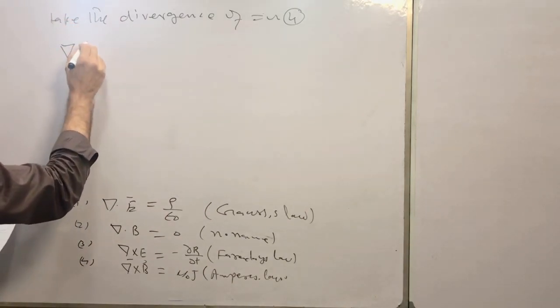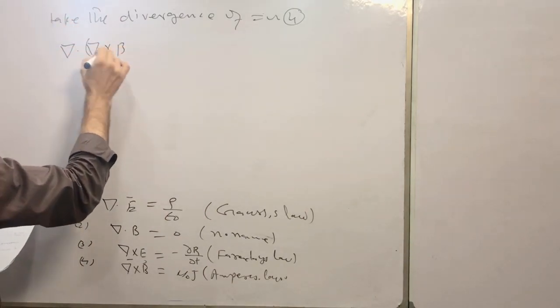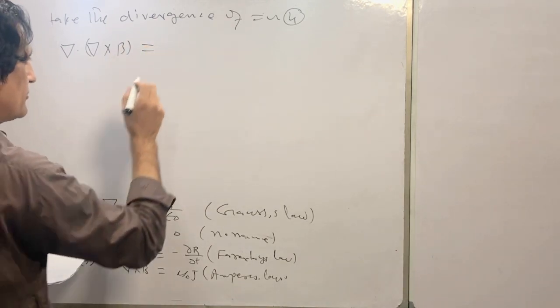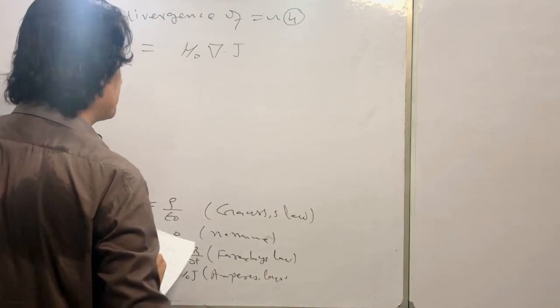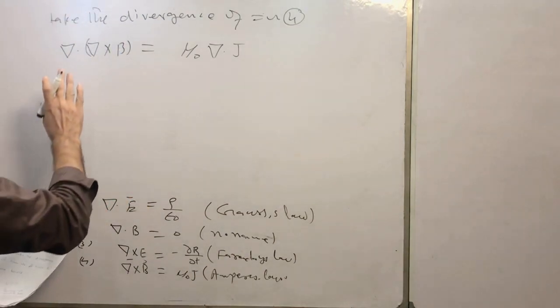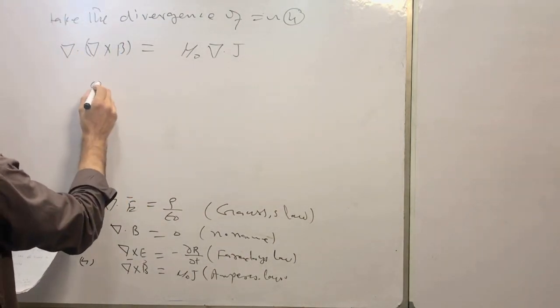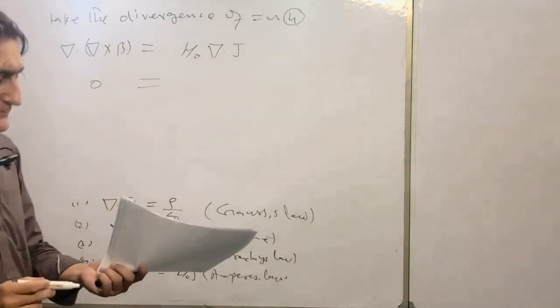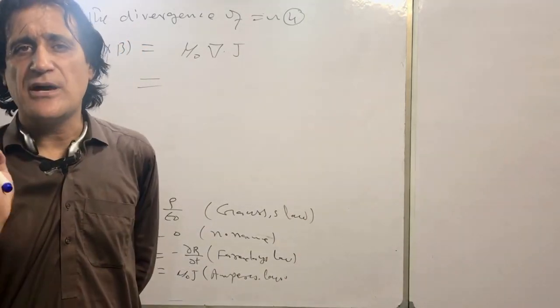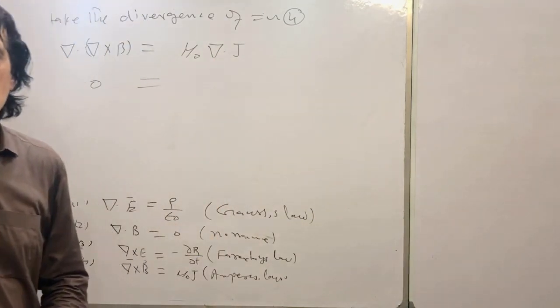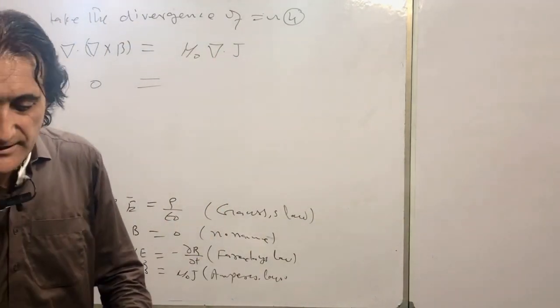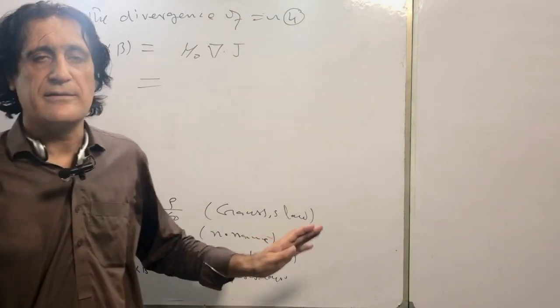So divergence of curl is equal to mu naught times divergence of J. It's clear that the left side is equal to 0. If J is not constant, this divergence may not be equal to 0. For constant J, it is clear.